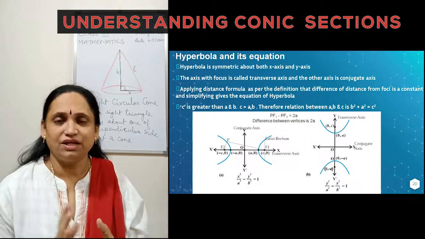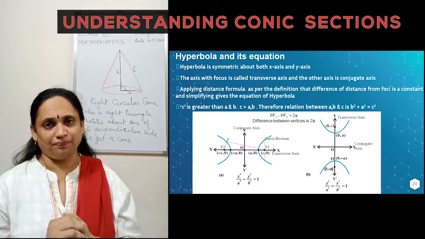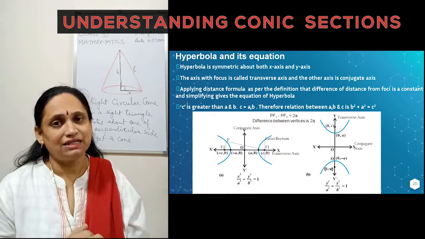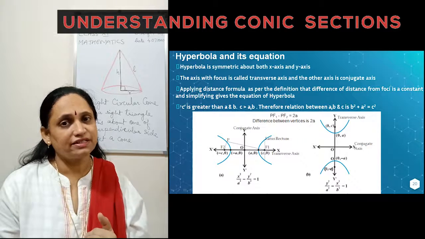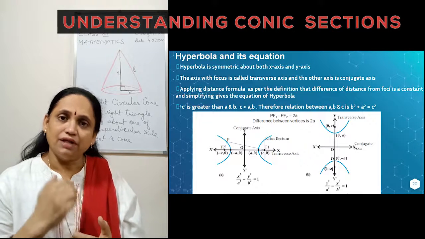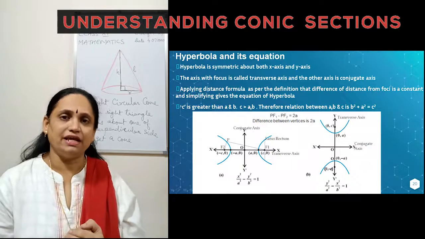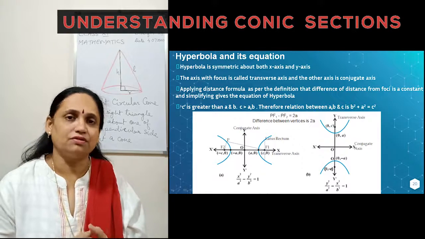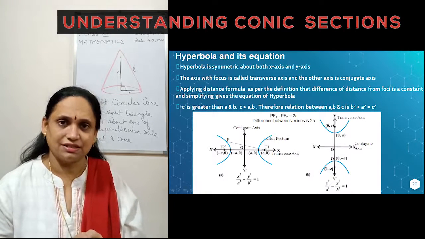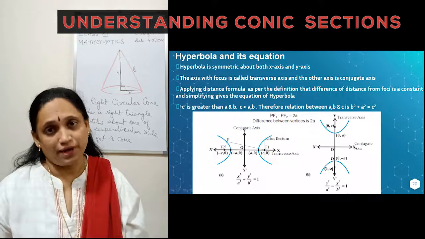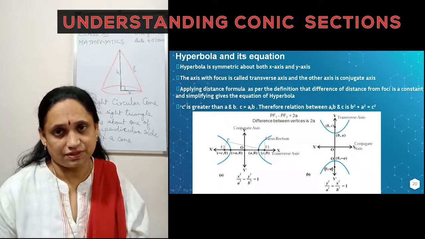That is the similarity between the ellipse and the hyperbola. In the ellipse we called the axis where the focus lies the major axis, but in the case of the hyperbola, the axis on which the focus lies is called the transverse axis, and the other one is called the conjugate axis. So either the x-axis can be the transverse axis or the y-axis can be the transverse axis.